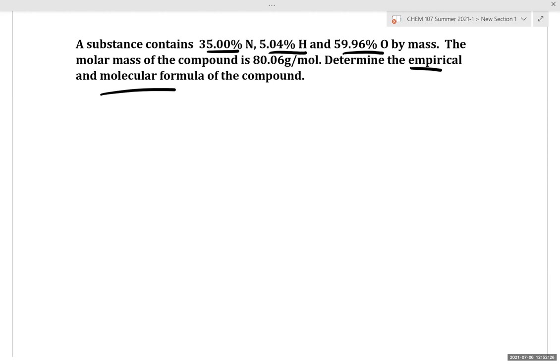So would anyone like to share their initial thoughts in terms of the mass of each element or the moles of each element? I mainly just want to get a sense of how students are progressing through this problem, or if anyone would like to share their work as an annotation on the class whiteboard, that would be invaluable for advancing our discussion.